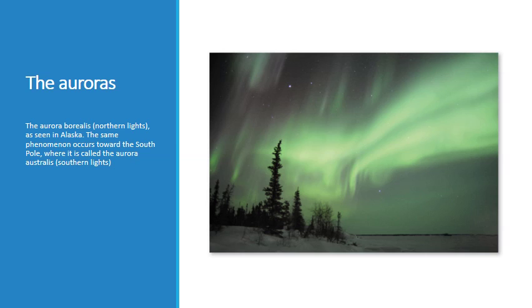The occurrence of auroral displays is closely correlated in time with solar flare activity and in geographic location with the magnetic north and south poles. Solar flares are massive magnetic storms on the sun.